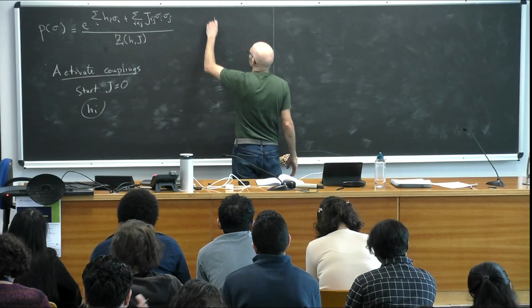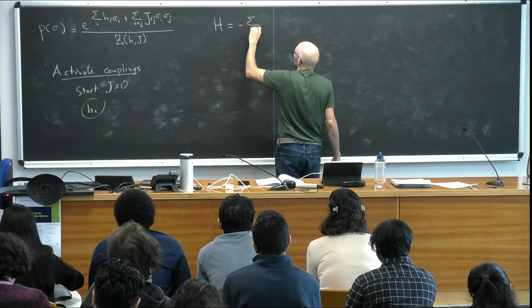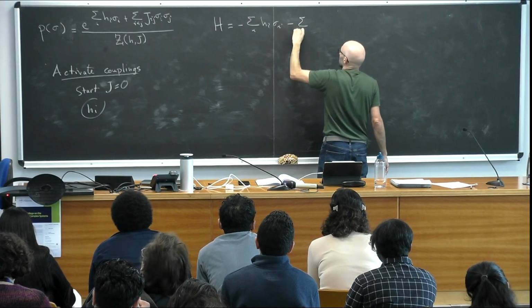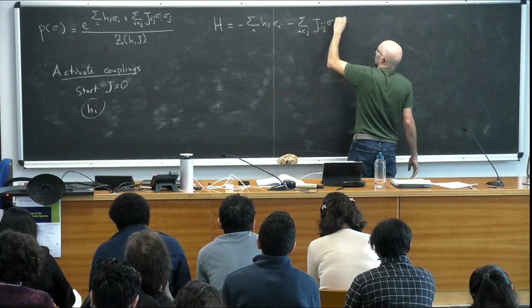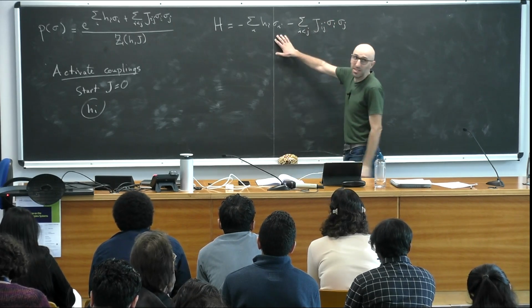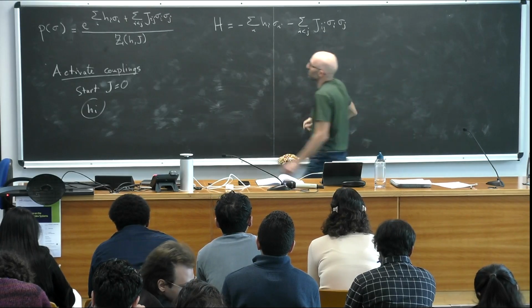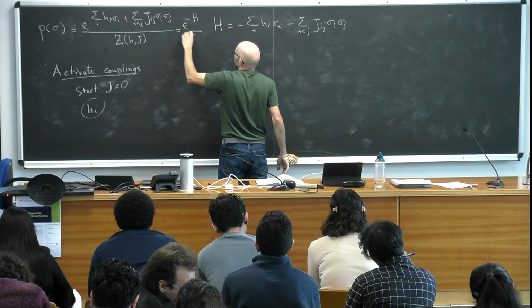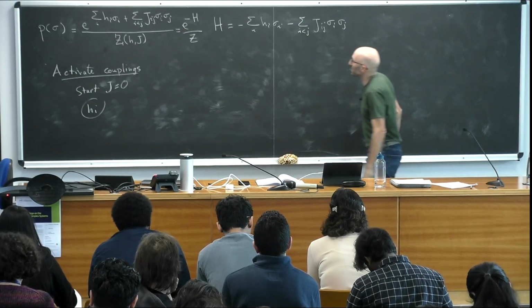Okay? So if I say my Hamiltonian here is equal to minus sum over i of h_i sigma_i minus sum over ij of j_ij sigma_i sigma_j, in such a way that P is e to the minus H over Z. Okay, the minus sign is the convention of physics.